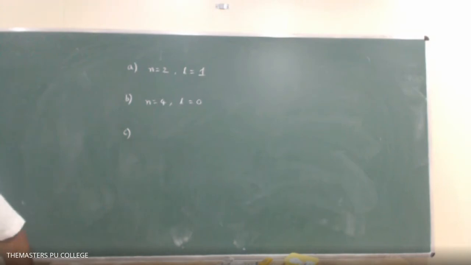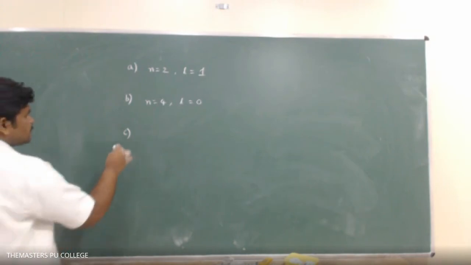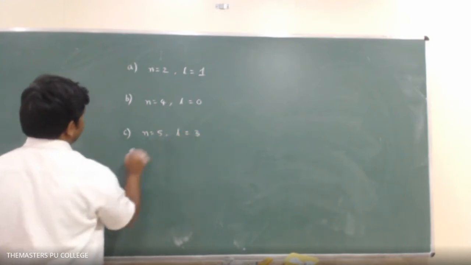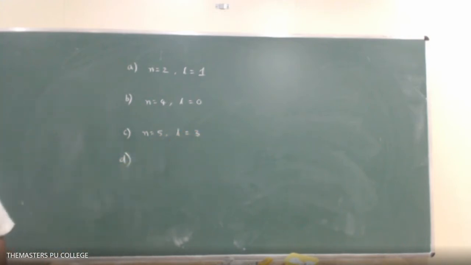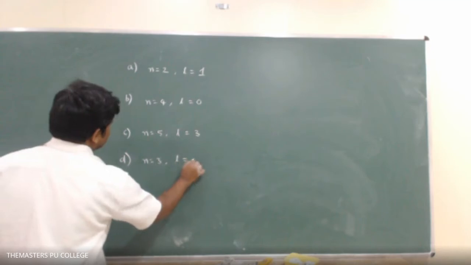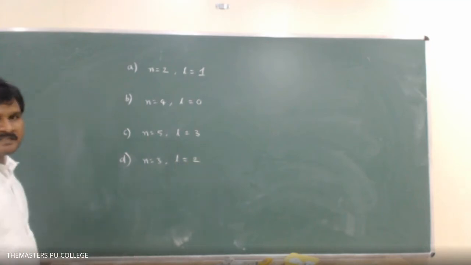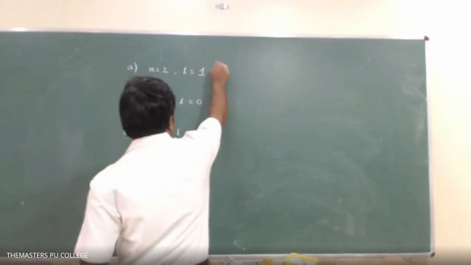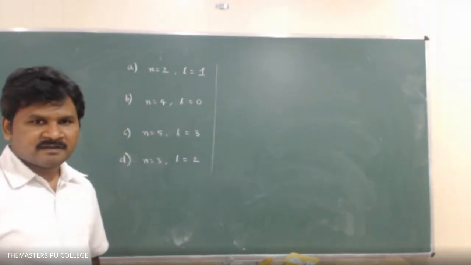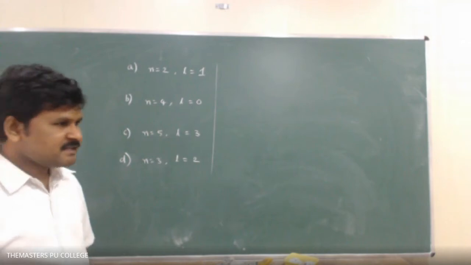C, n is equal to 5, l is equal to 3. D, n is equal to 3, l is equal to 2. These are the different subparts in a question. First one I will explain. Please write the remaining.